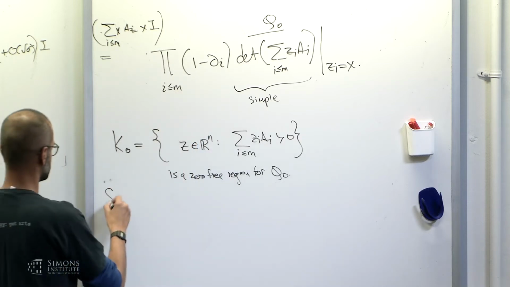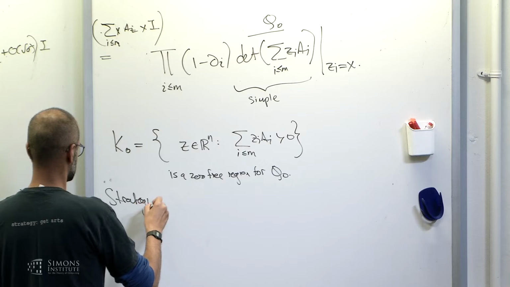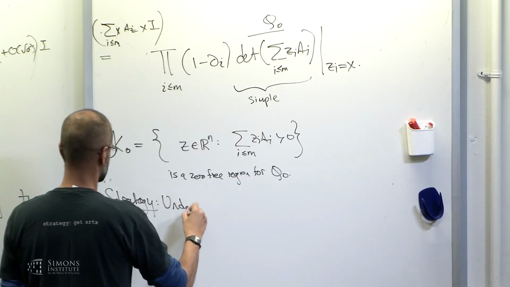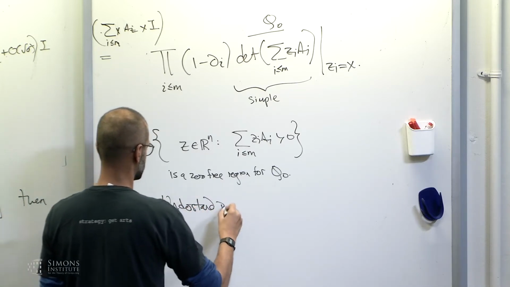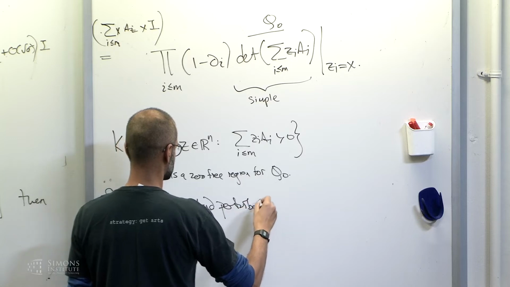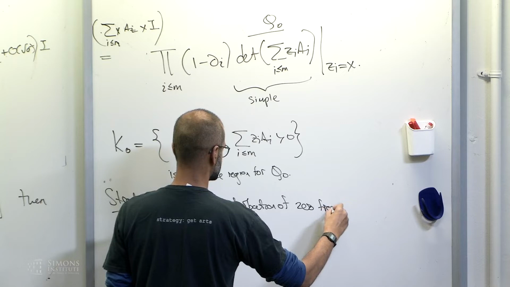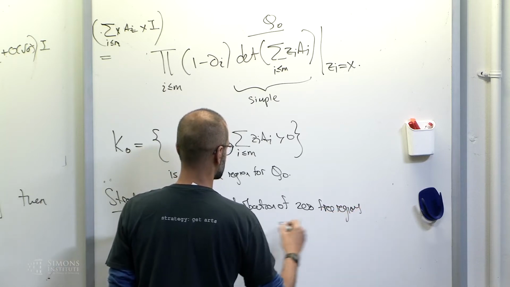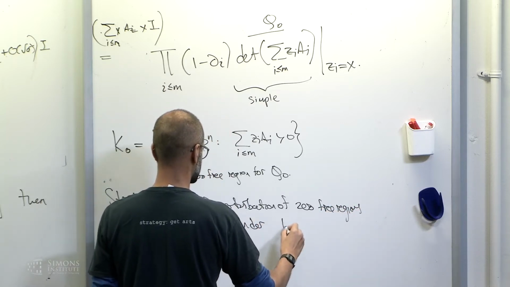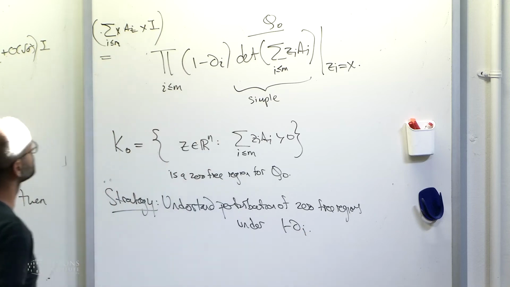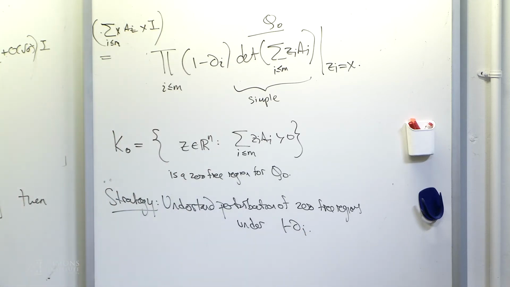Okay, so the strategy is to understand perturbation of zeros, or perturbation of zero-free regions under these differential operators. Okay, so that's what I'm now going to explain how to do.